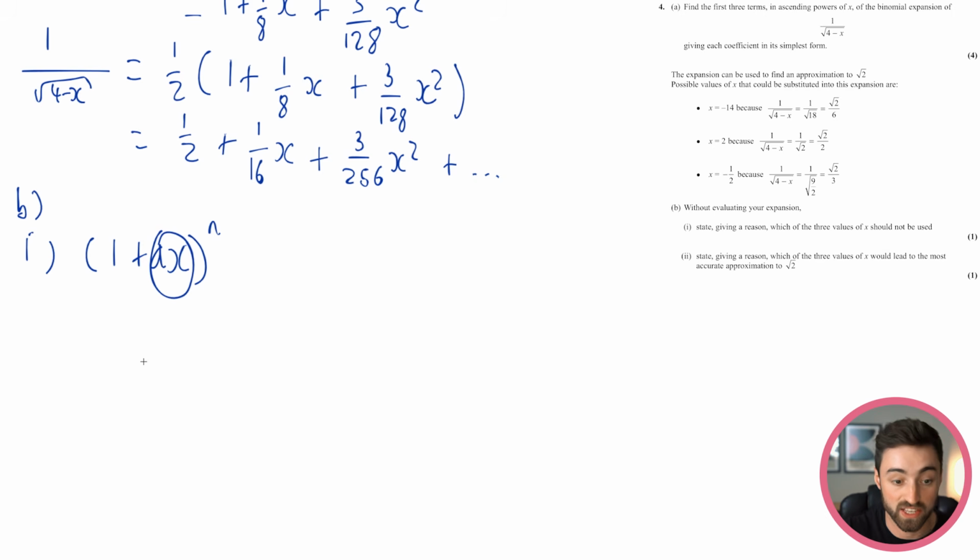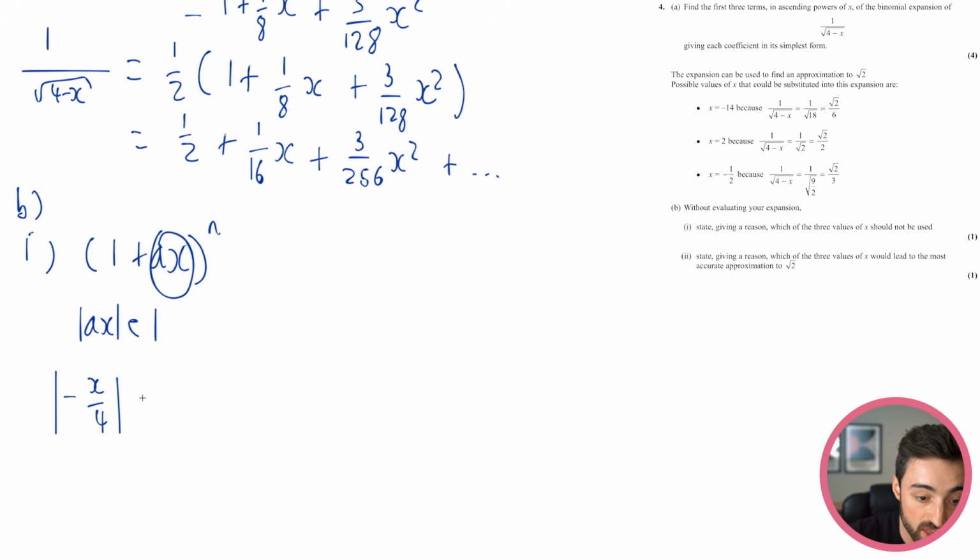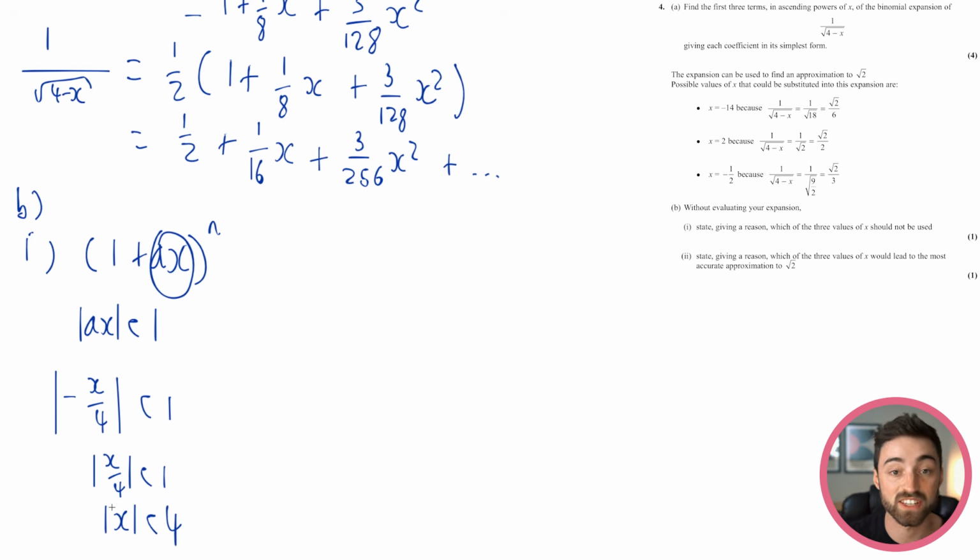So in my case, I have the minus x over 4, and I require this to be less than 1. Okay, so I've got a modulus here, so I can just forget about that minus. So this is going to be the same as the modulus of x over 4 less than 1. I times through by 4, what do I get? I need to get that the modulus of x is less than 4 here.